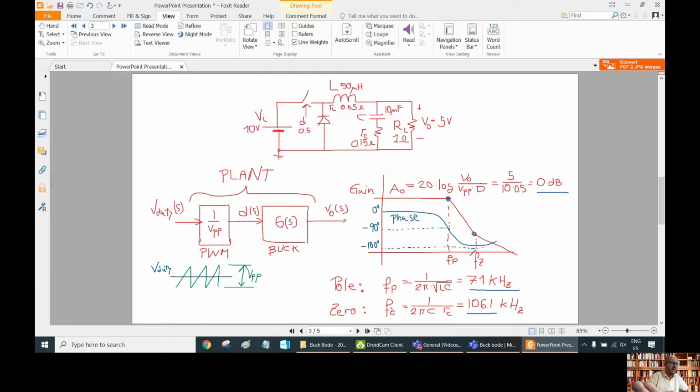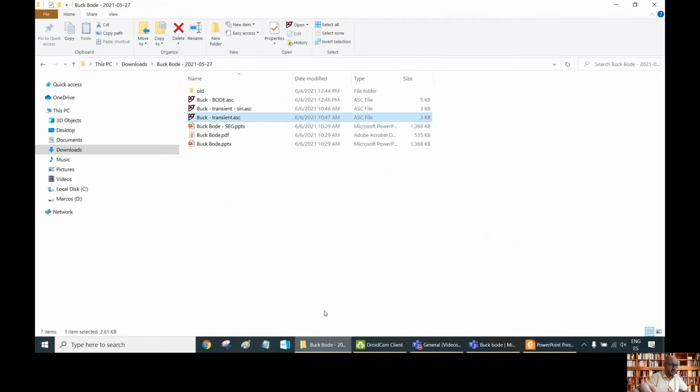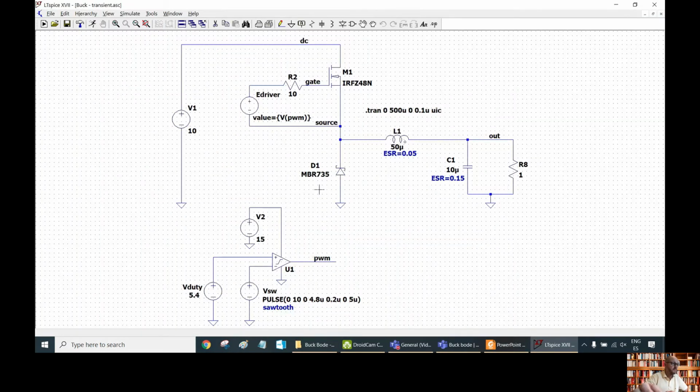So now let's check the operation of this converter, obtaining a transient simulation of the buck converter. For this I have ready this file here. We have the input voltage, the transistor, diode, and the inductance, the capacitor, and the load at the output with 1 ohm.